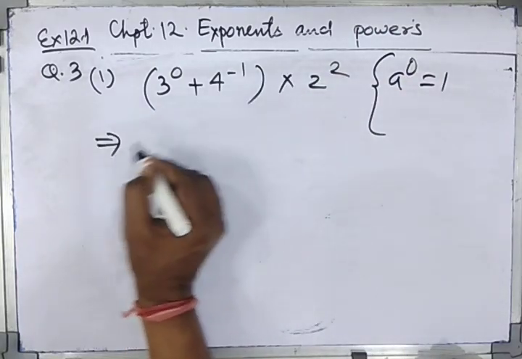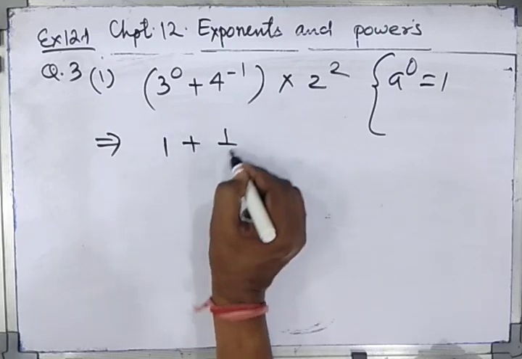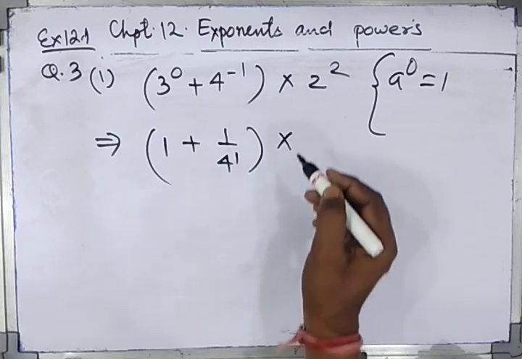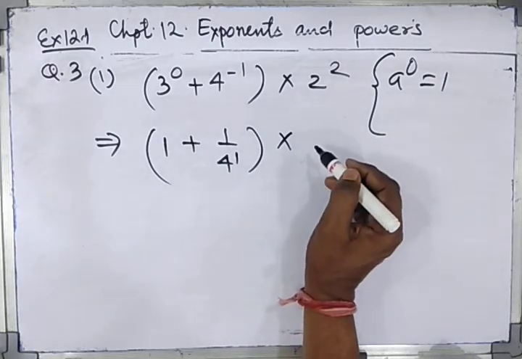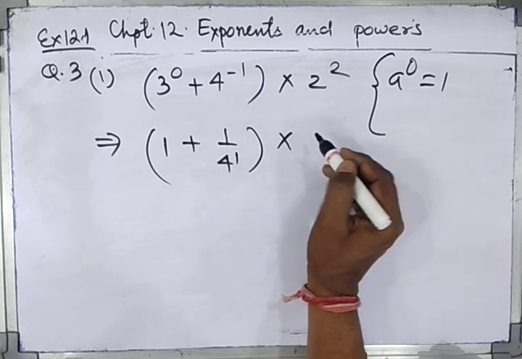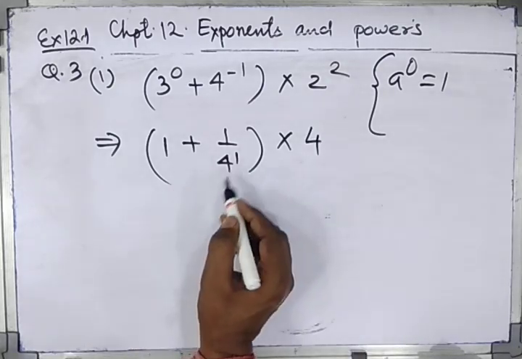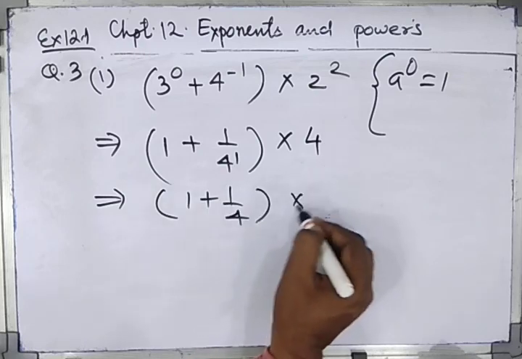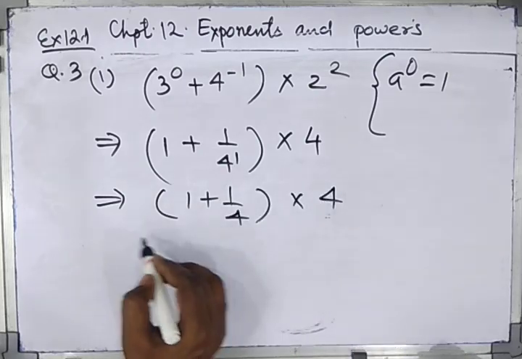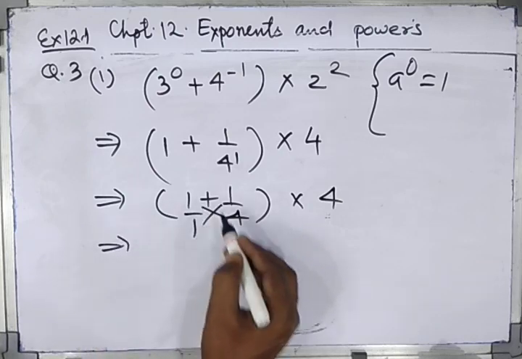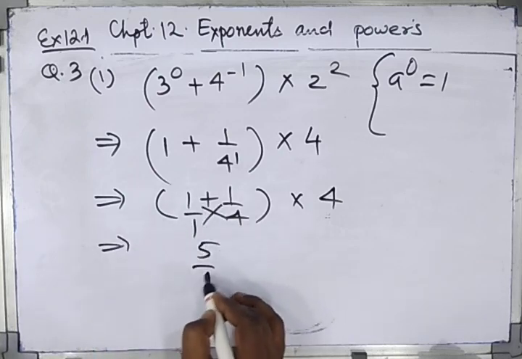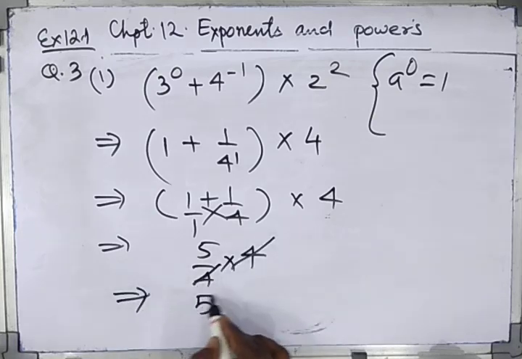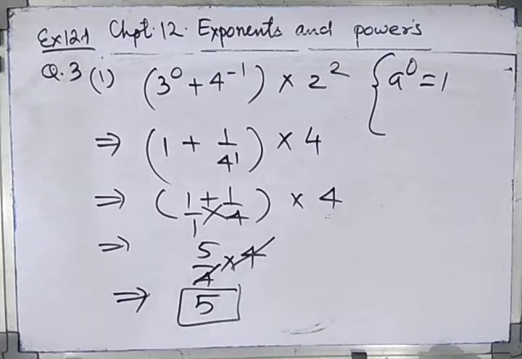So 3 raised to 0 means 1, plus 1 by 4 raised to 1 into 2 raised to 2. 2 raised to 2 means 4. So 1 plus 1 by 4 into 4. Cross multiply, we get 5 by 4 into 4. The 4s will be cancelled. This will be equal to 5.